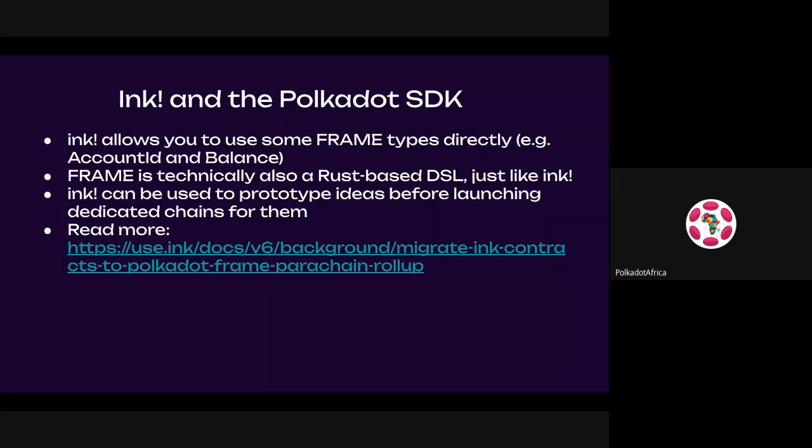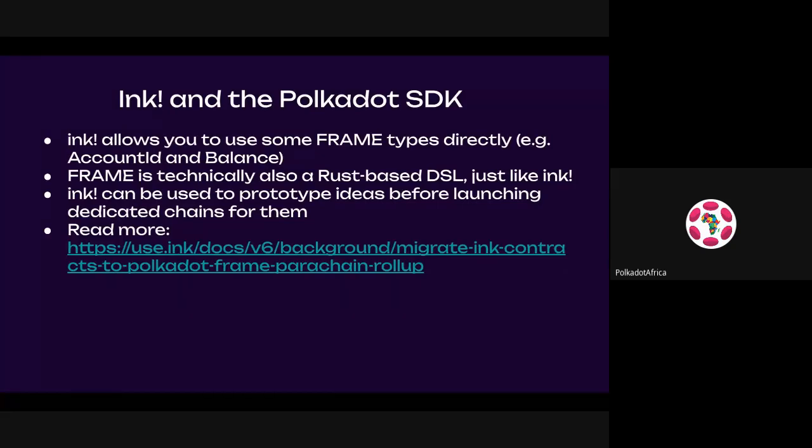Number one on the list is that ink gives you access to some FRAME types. What is FRAME? FRAME is a framework within the Polkadot SDK for building pallets, building modules. There are some custom types in this framework.